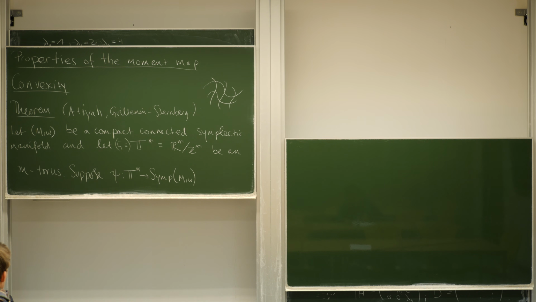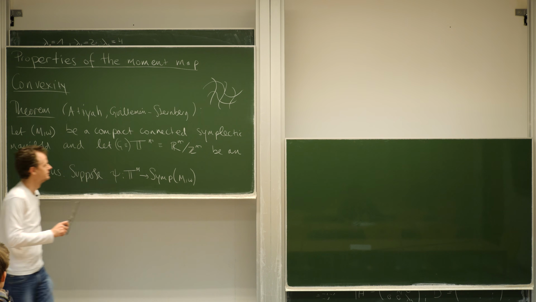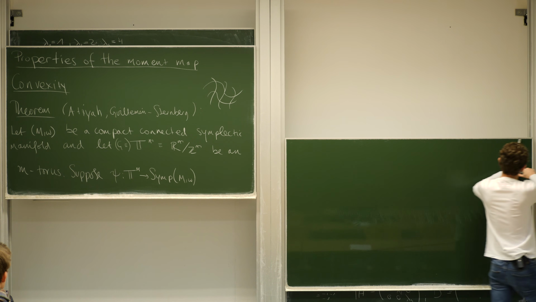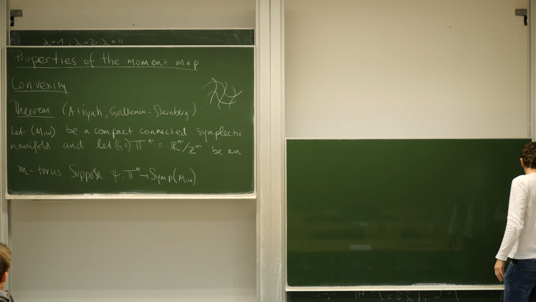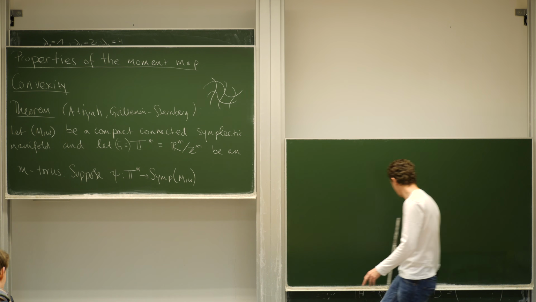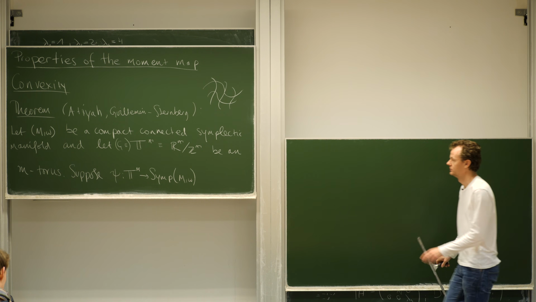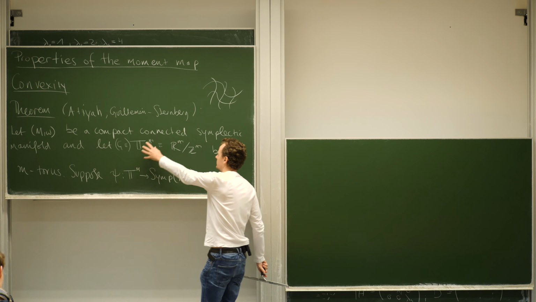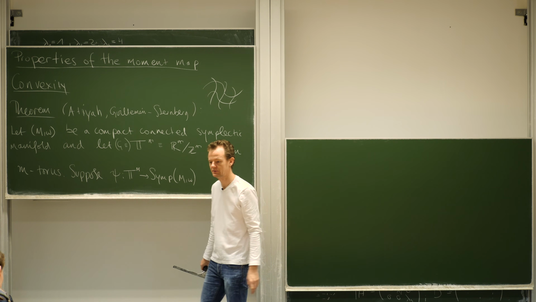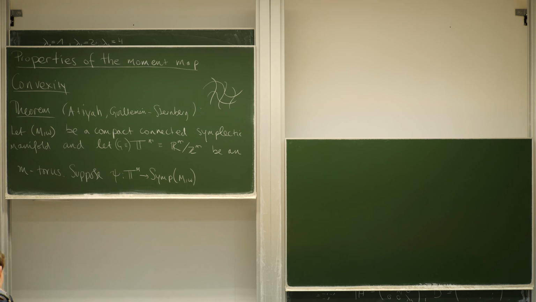So to every one-parameter subgroup of the torus, there's a circle action now on the manifold. We can associate with that action a vector field, and then the moment map is the object which gives us the Hamiltonian for that vector field.